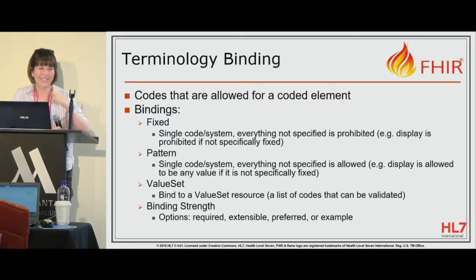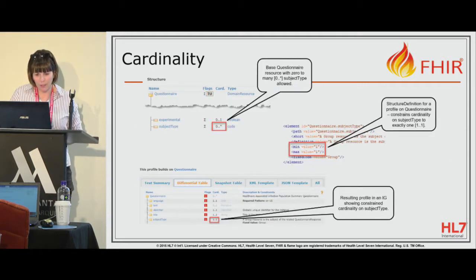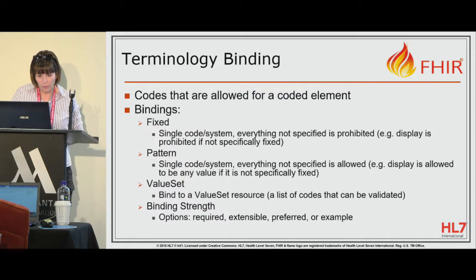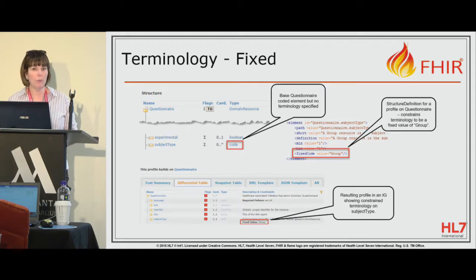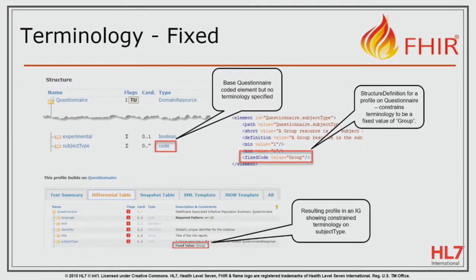Sarah, can you go to the previous slide? I want to see how you specify fixed pattern. You have an example that shows. Oh, fixed. So this is just a code, subject type. This is a place where you probably would always do a fixed code; you'd never put a pattern in there. So if that code did come from LOINC for some reason, you could not put code system plus LOINC, because this is a fixed code. There's no system; your constraint doesn't allow us to include a code system.